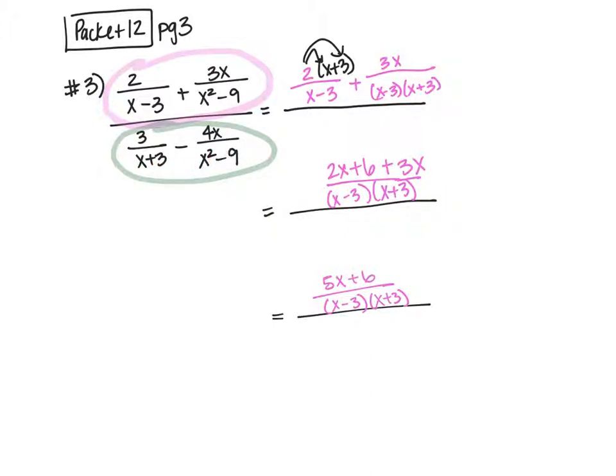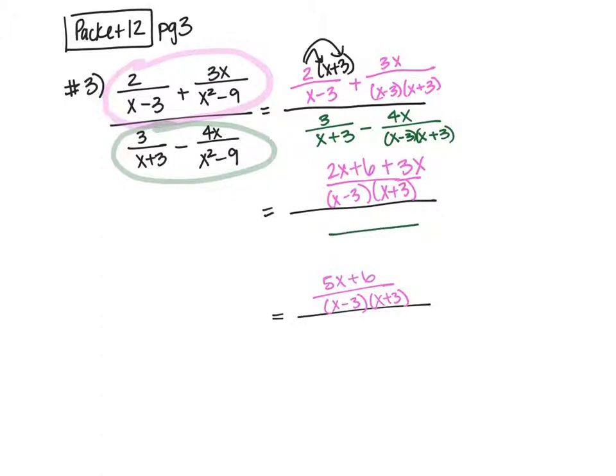This here's a quadratic, so I'm going to need to factor. So I have 3 over x plus 3 minus 4x over x minus 3 times x plus 3. Basically the same factors as before. From here, if I want to subtract these two, I need a common denominator.